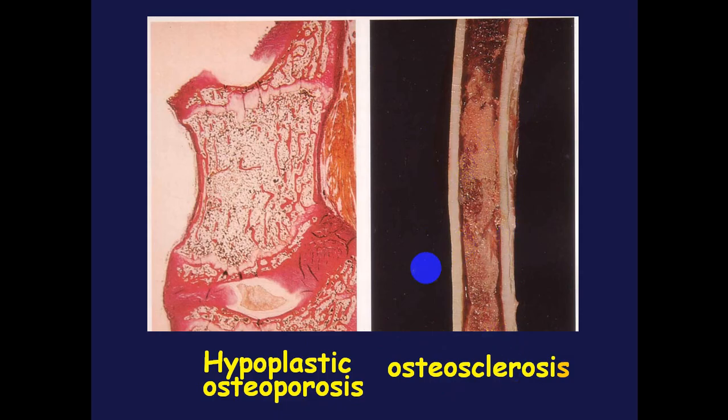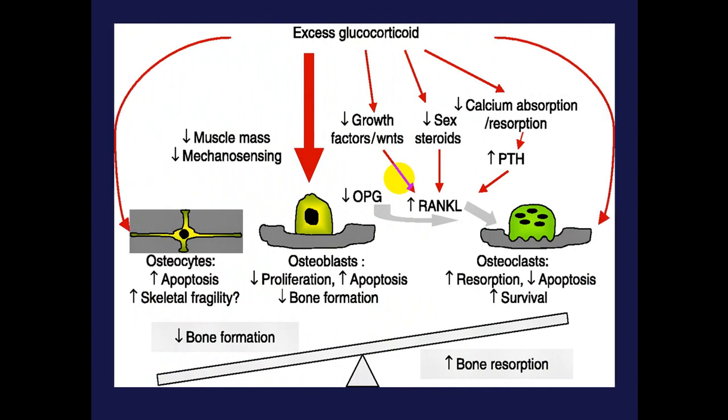In osteoporosis, the bone density is low, but in osteosclerosis, the bone density is high. Why? Because osteoclasts cannot function well. It makes the resorption not happen, and it makes the osteoblast synthesize more bone, synthesize more osteoids.